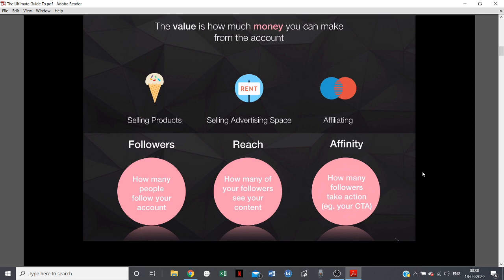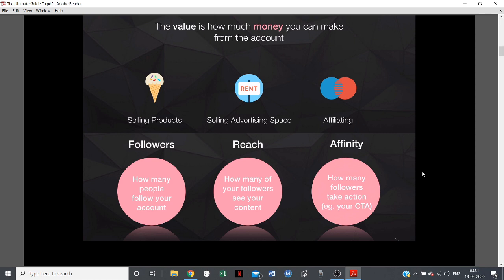How your followers see your content: was it just viewed, was there engagement, or was it part of the clutter and your content got lost. Reach is very different from impressions. Impressions are how many times your end user actually saw the same content piece. Reach, on the other hand, works differently. It's the number of followers who saw your content.